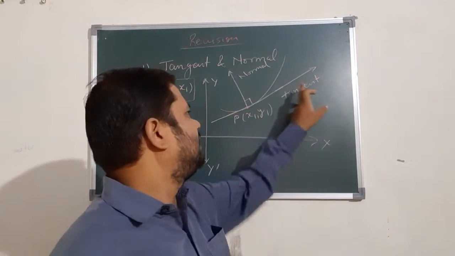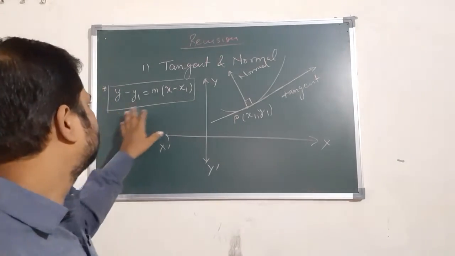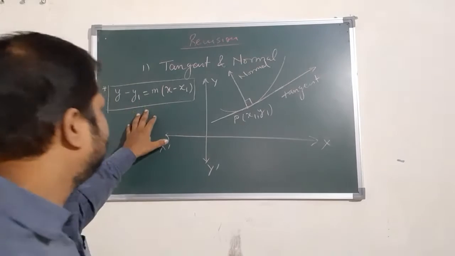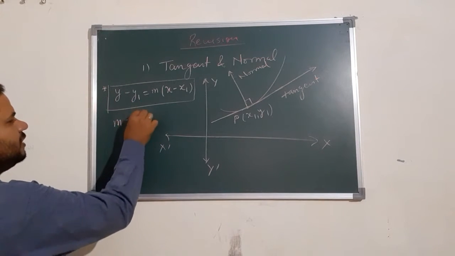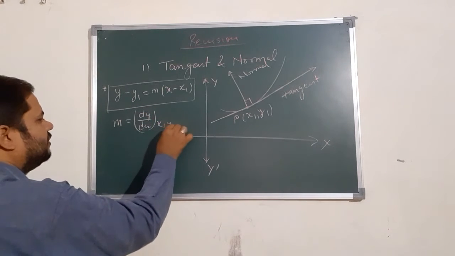Suppose this is the tangent, then the equation of the line passing through one point is y minus y1 equals m(x minus x1). So your equation of tangent is the same as this, the only change is m. Here m is defined as dy by dx at (x1, y1).